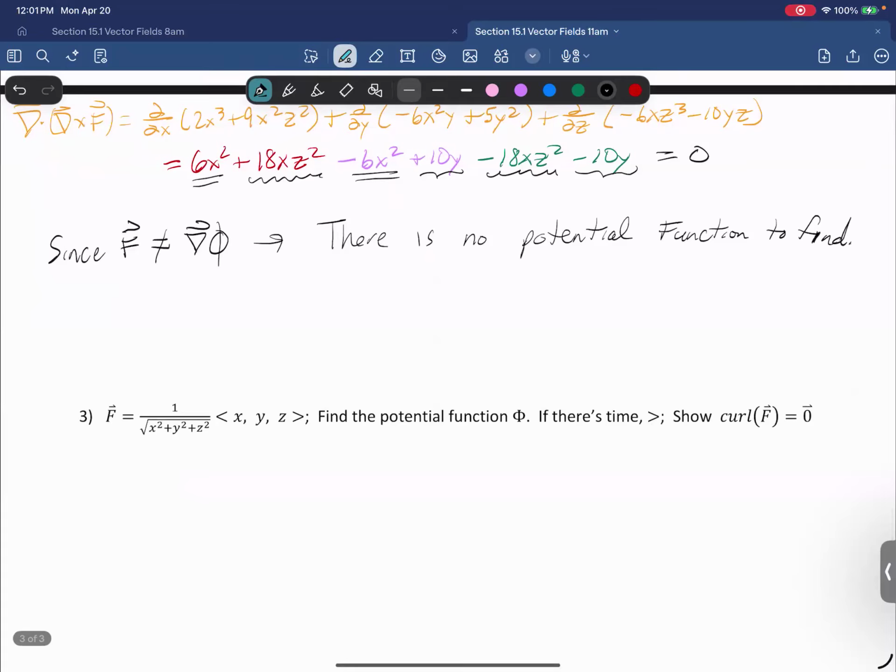We're going to assume that F is a conservative vector field. We could prove it by doing that. Proof is doing this.